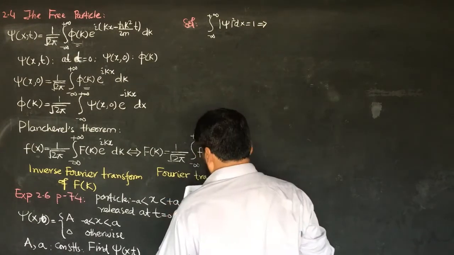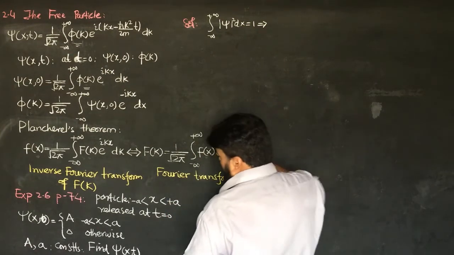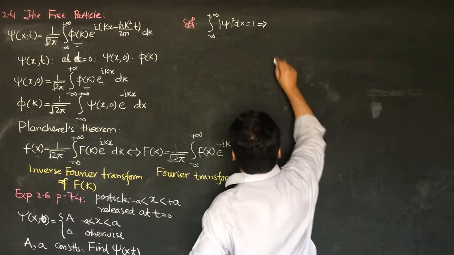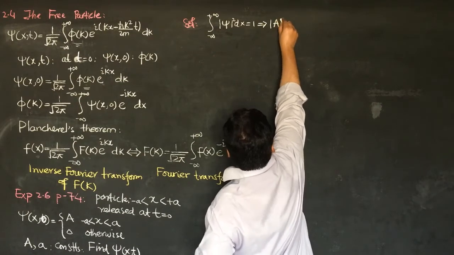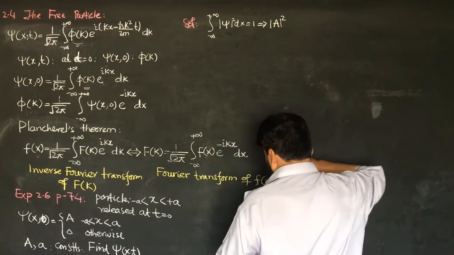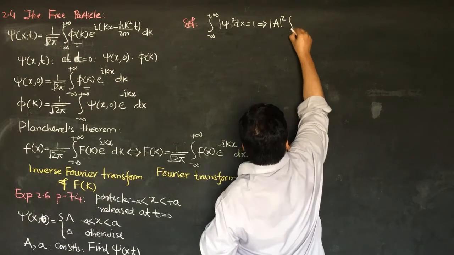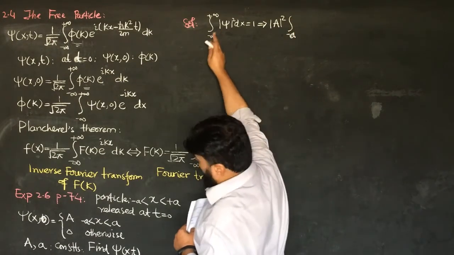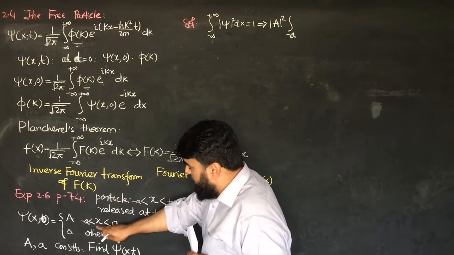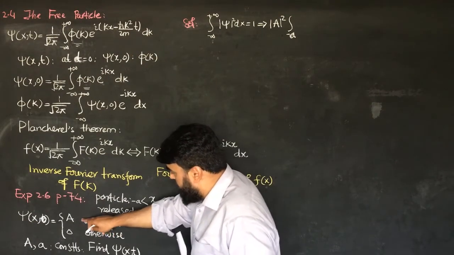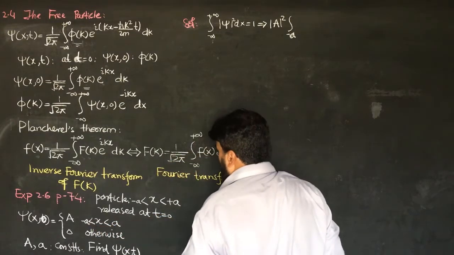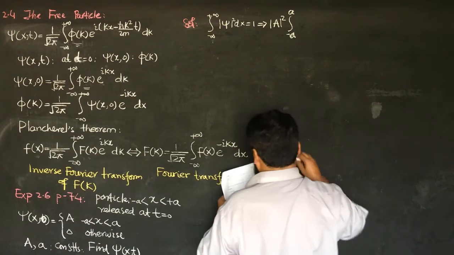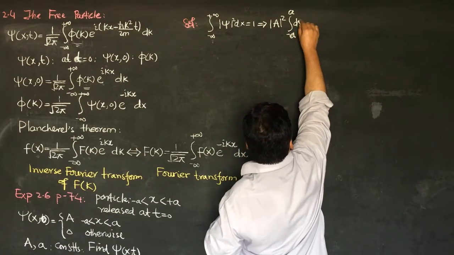If I square this one, no iota is involved, so it will be the simple square, A², and our wave function is restricted between minus a and plus a, so I will restrict my integral to this range, dx.